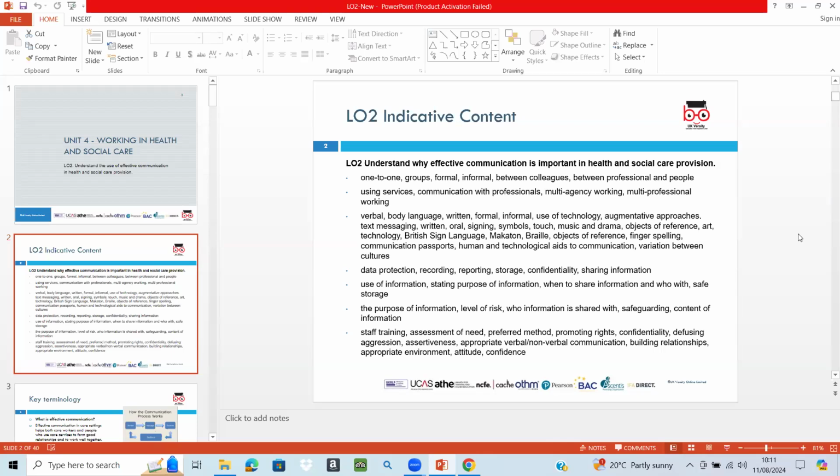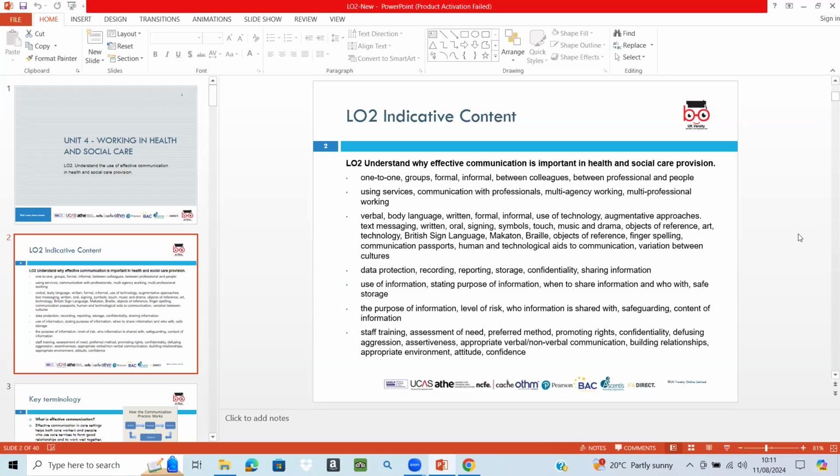Then the third thing we have to learn in this learning outcome is to identify the barriers to effective communication. In a real-world healthcare setting, communication is not always straightforward. Language differences, cultural differences, emotional states, and sensory impairments are common barriers.